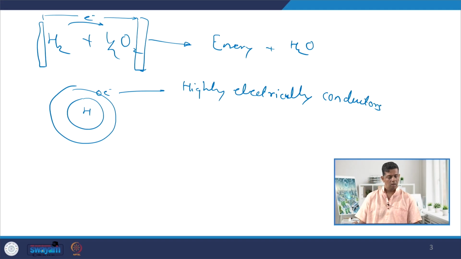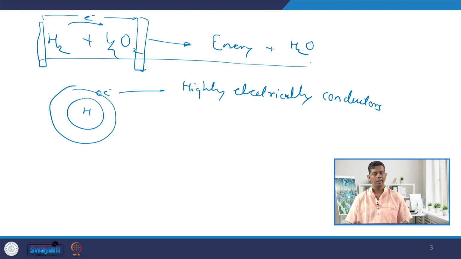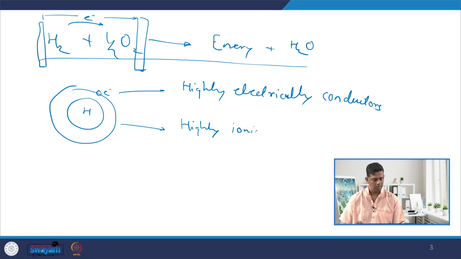However, this proton also has to be transferred from one side to the other, and only then will the reaction I have mentioned be complete. So we also need a highly ionically conducting material.